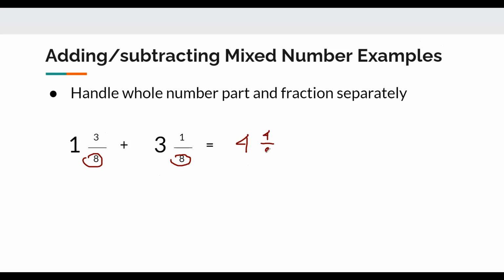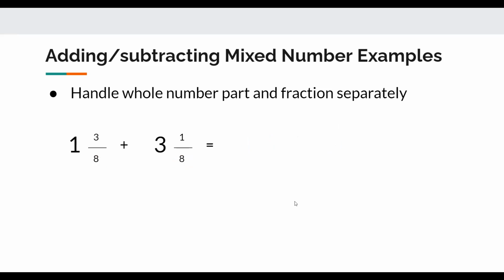Our denominator stays the same. We want to always challenge ourselves to try to reduce this fraction if we can. Now, when you do this a few times, you start to become aware that 4/8 is the same as 1/2. We could get there by dividing both the top and the bottom of that fraction by 4. 4 divided by 4 is 1. 8 divided by 4 is 2. The answer to that is 4 1/2.